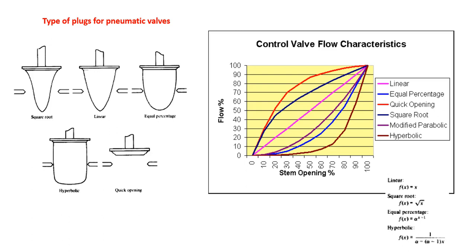So the stem opening, which is X, and the flow rate depend upon what type of plug you are using, either square root, linear, equal percentage, hyperbolic or quick opening type. They will decide what type of flow you have at the outlet. So this is the flow characteristic curve of a control valve.